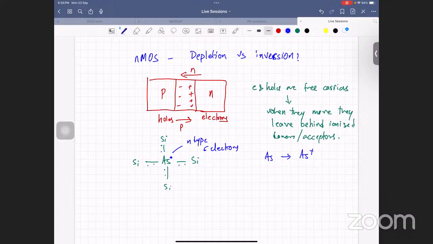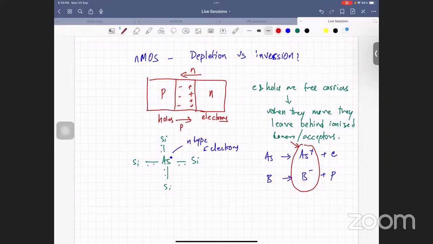Similarly, instead of arsenic, if you have a P-type impurity, let's say boron, when you remove an electron, this will be boron minus plus a hole. These are what we call ionized donors or acceptors. These charges cannot move.